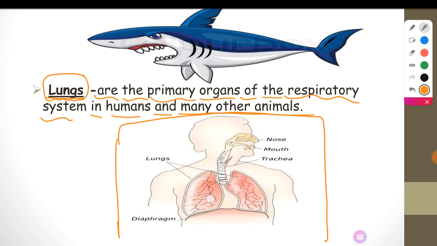If your lungs are totally damaged, if someone gets sick or whatsoever, then life stops. The heart stops when the lungs stop, because this part helps us to breathe. Once they are damaged, then life stops. So this is the most important part inside our body.